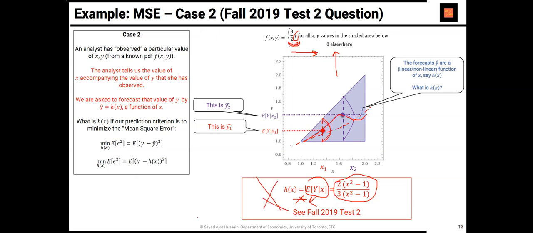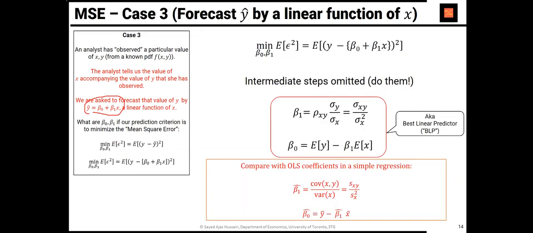Instead, you want to compute the best linear predictor, which means that for the time being in this slide, instead of working with any function of x, which is a massive class of functions, you're working with a smaller subset, the set of linear functions. Okay? So in that case, what would beta 0, beta 1 be?